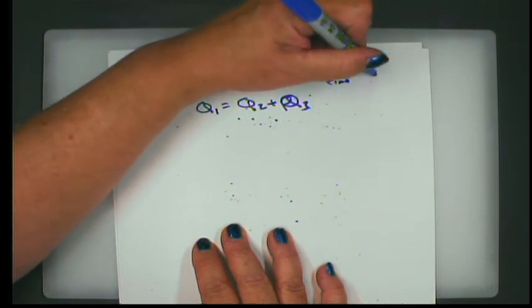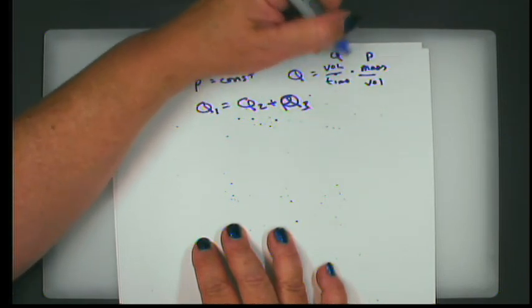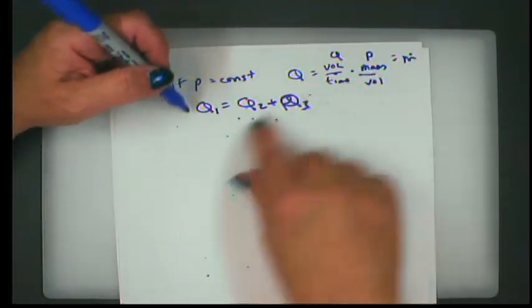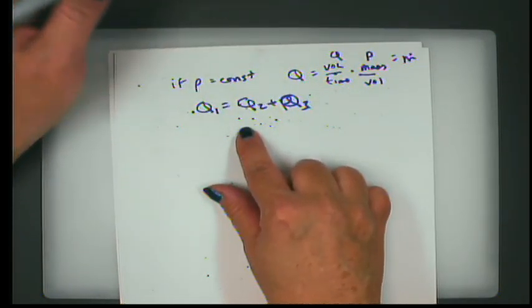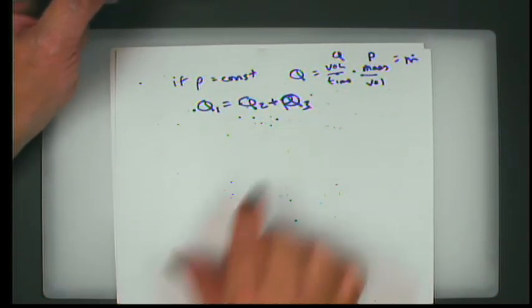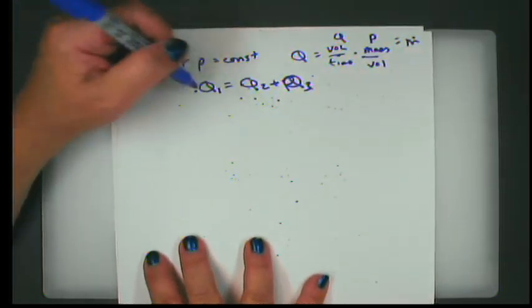And if we multiply that by mass per volume, which is density, Q times density is equal to mass flow rate. Mass flow rate is conserved, so if density is the same, in other words, if we have an incompressible fluid, then we can equate the volumetric flow rates as well.